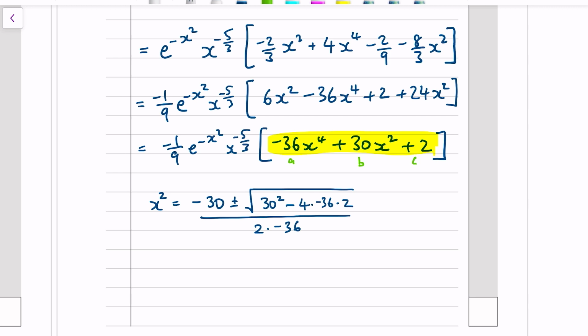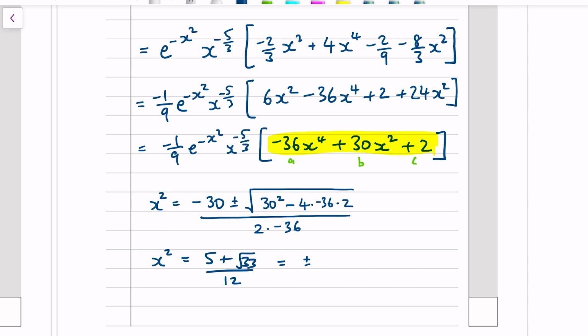So minus 30, and then if we subtract the square root of 900 minus 4 times negative 72, and then divide it by minus 72, that comes out to be... my calculator's still got thirds, but decimals at this stage is fine because they aren't nice numbers.